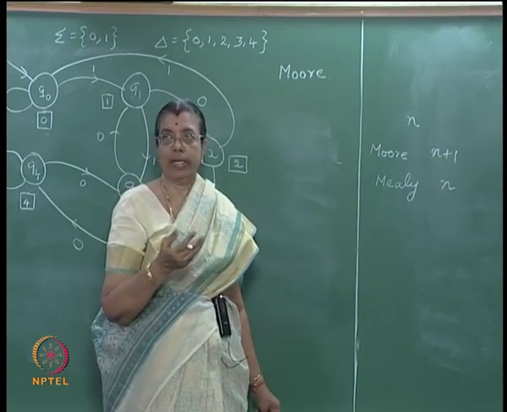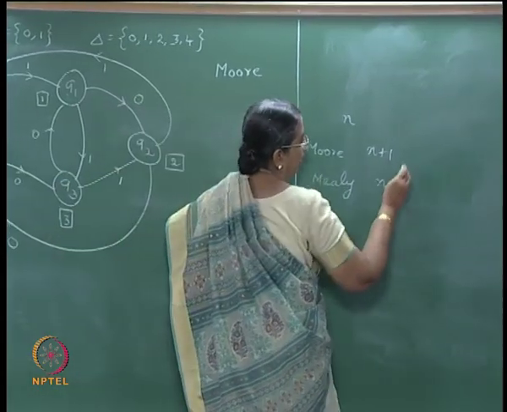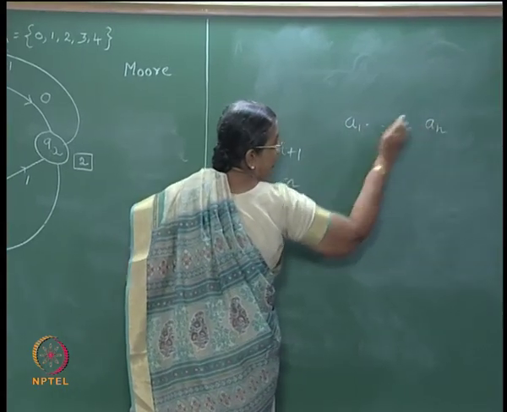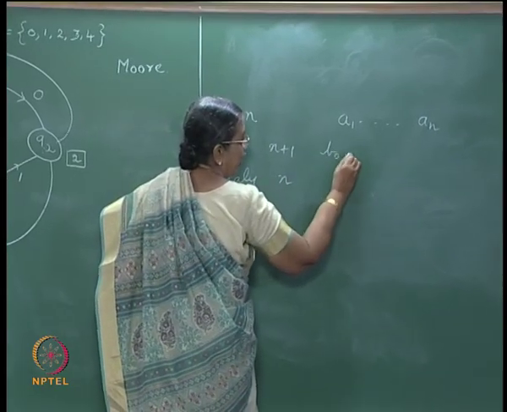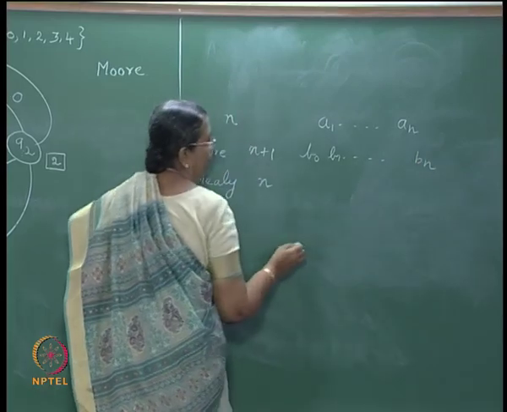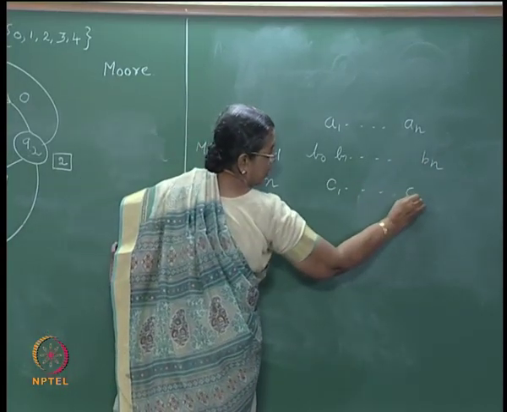If we ignore that output, suppose I have this as the input, and in the case of a Moore machine the output will be B1, B2, ..., Bn, and in the case of a Mealy machine it will be, say, C1, C2, ..., Cn.